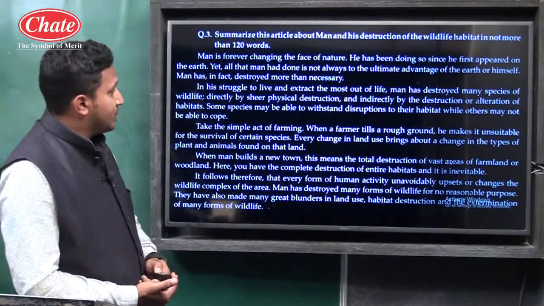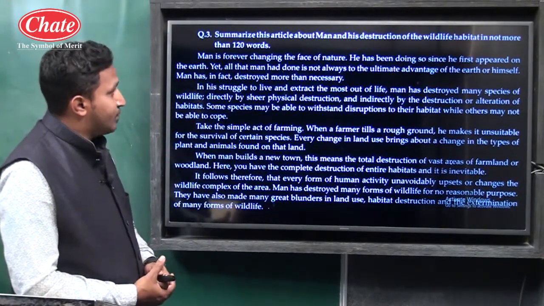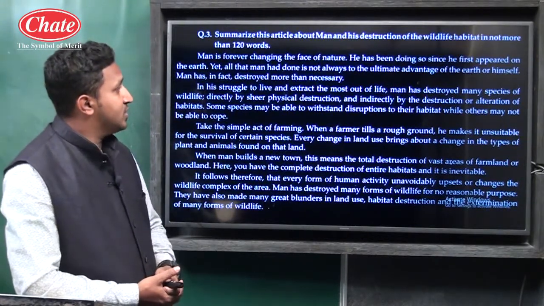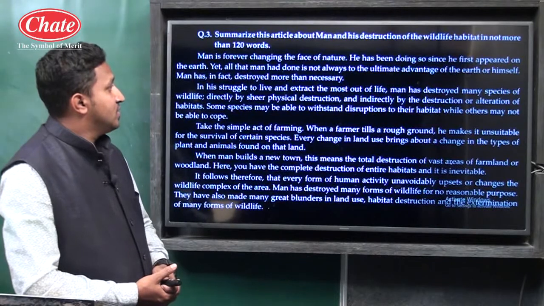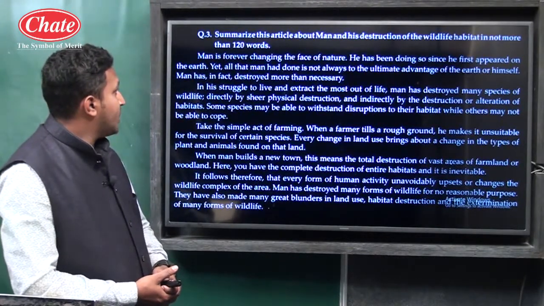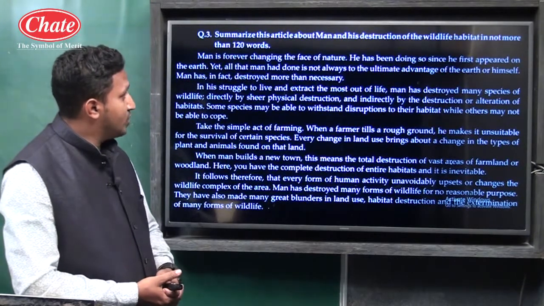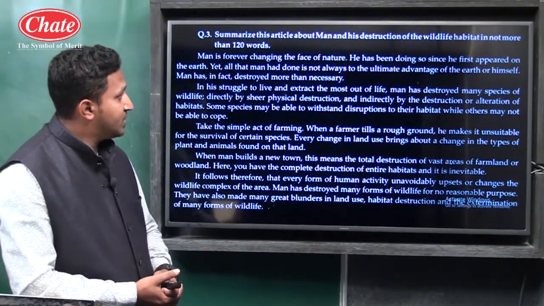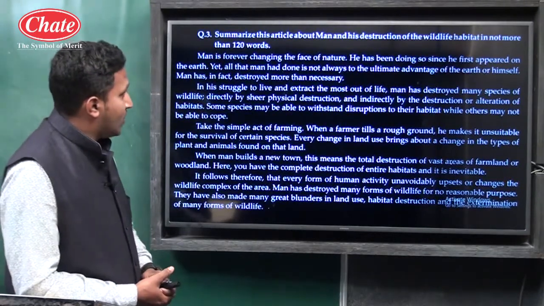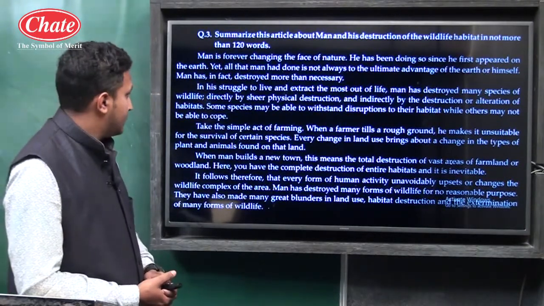The passage here: man is forever changing the face of nature. He has been doing so since he first appeared on the earth. Yet all that man has done is not always to the ultimate advantage of the earth or himself. Man has in fact destroyed more than necessary.